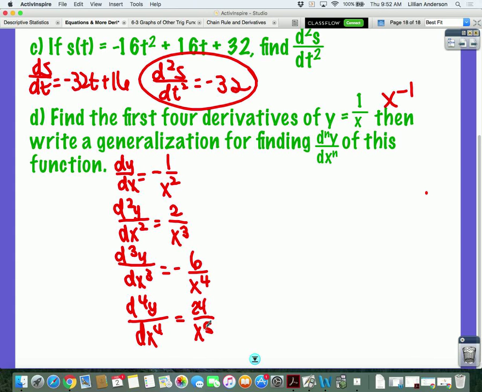Anybody come up with a generalization for finding the nth derivative? What about the exponent? It's always one higher than your n. So how would you write that? n plus 1.